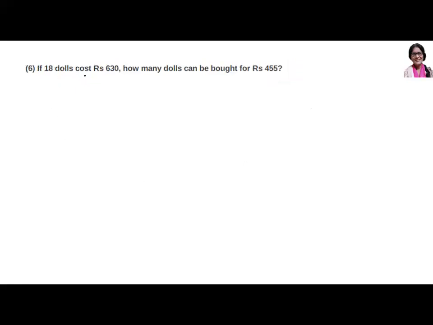If 18 dolls cost rupees 630, how many dolls can be bought for rupees 455? So here one variable is the number of dolls and another is cost. They are directly proportional.